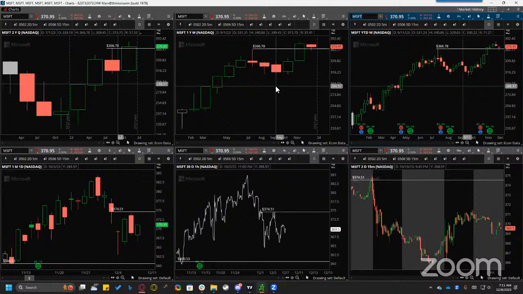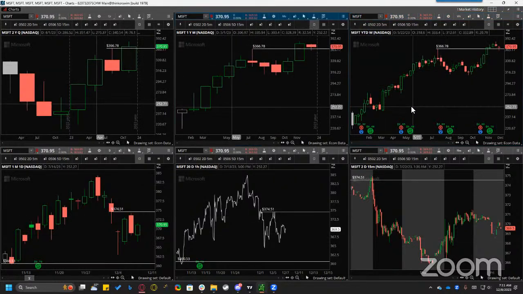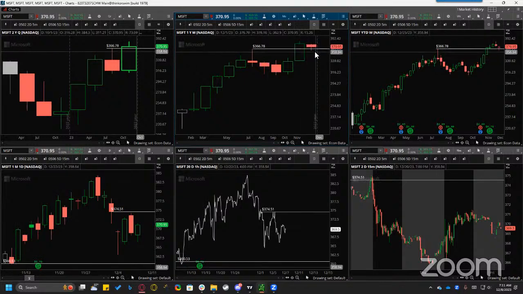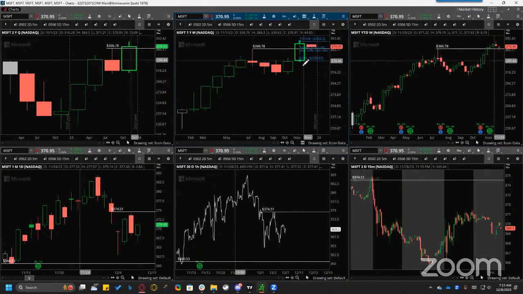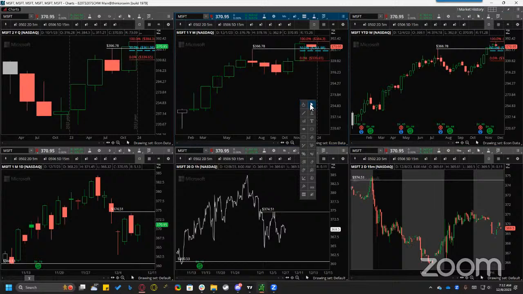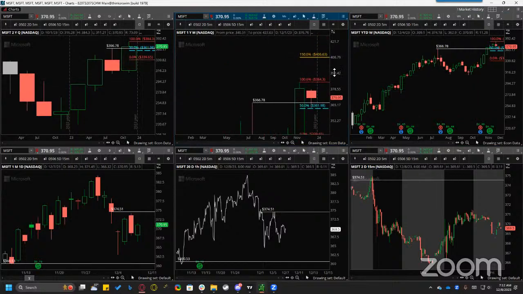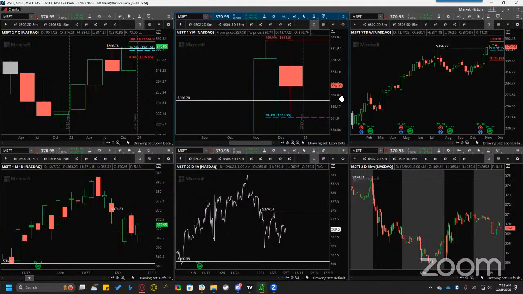Now, Microsoft didn't wait on anybody. It already broke out. And it gave us a Busby. That Busby needs to hold. So we can wick down a little bit, but really it's kind of an overlap, 2 for 1. We want to maintain 50% of that previous month's candle. Call it 362.